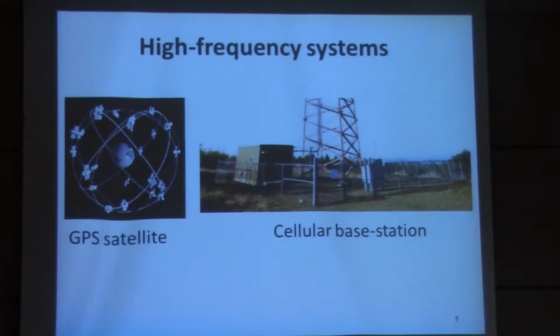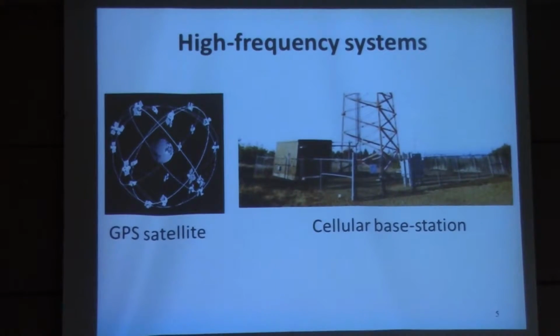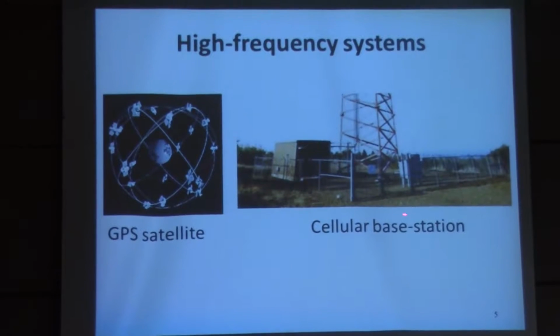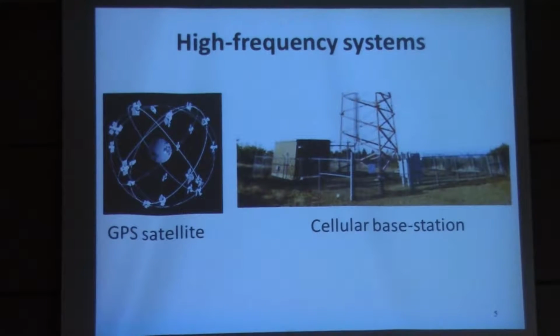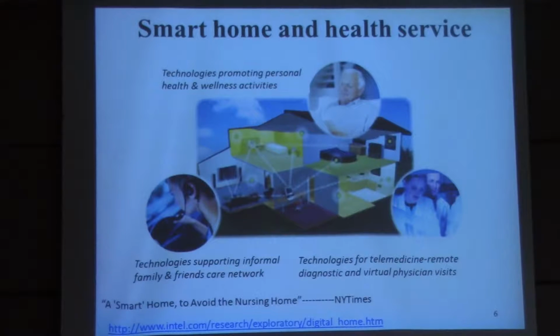That's good. Yeah, we saw this, like a cellular base station, and we need high frequency there. And GPS satellites, yes, communication, high frequency. Smart homes. This was many years ago, actually, started by Intel. The guy, Moore's Law.